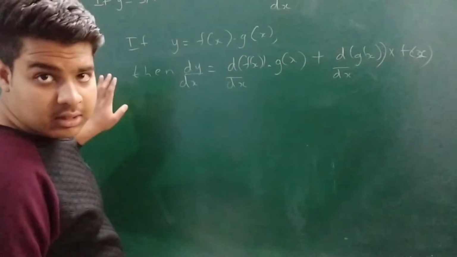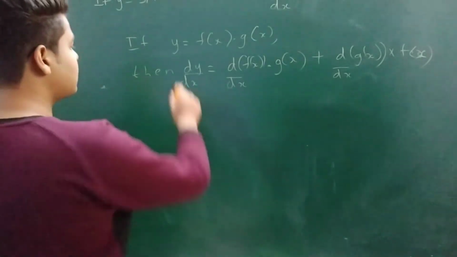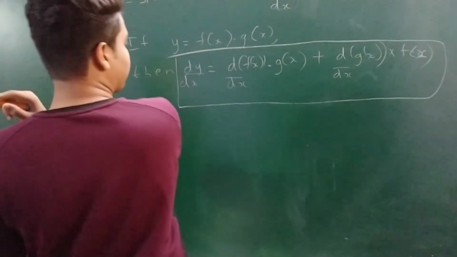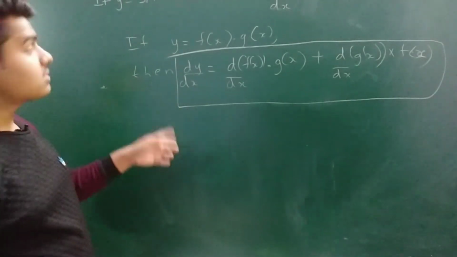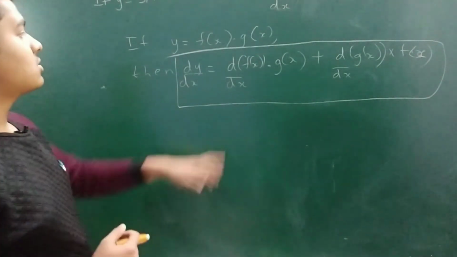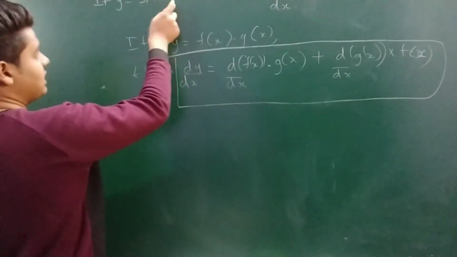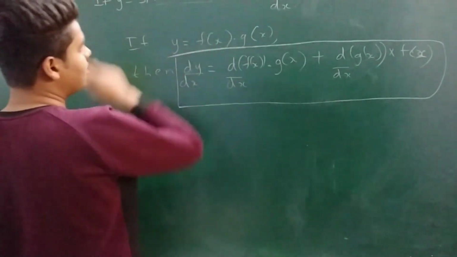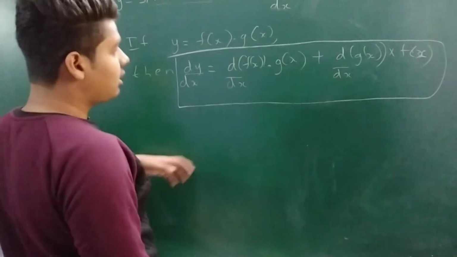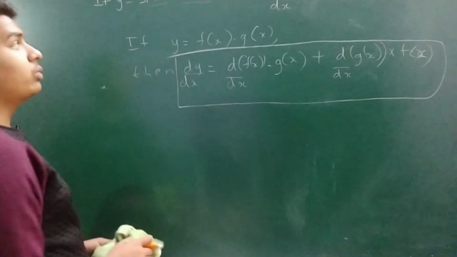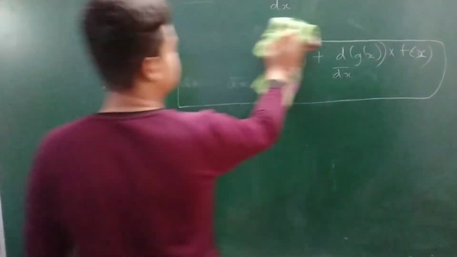This is the statement of product rule, and this is the formula that we are going to be using to solve this question. So if you note down this formula, let me remind you, f(x) is sine square x and g(x) is cos cube x. Now keep this in mind. I'll erase this one and we'll now solve the question.